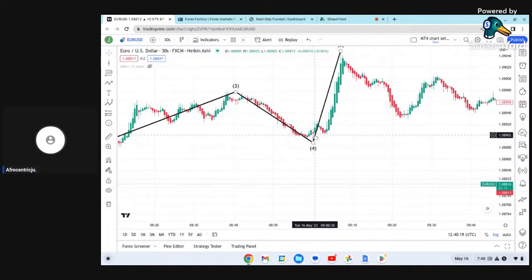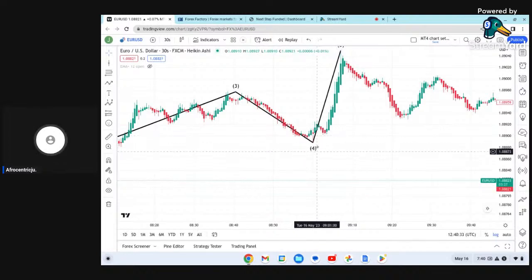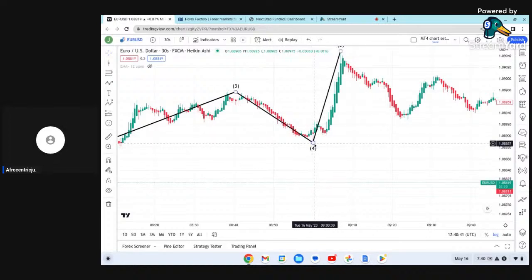So this following candle came, and it was a flat bottom. So I would have bought, right? And obviously, since this is my fourth wave, I don't want this to fall below this low.